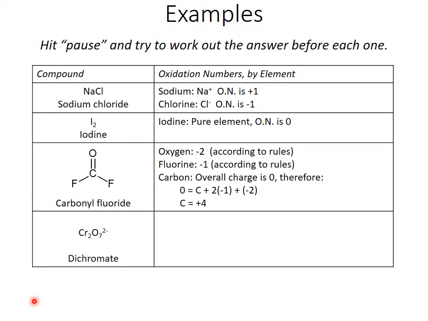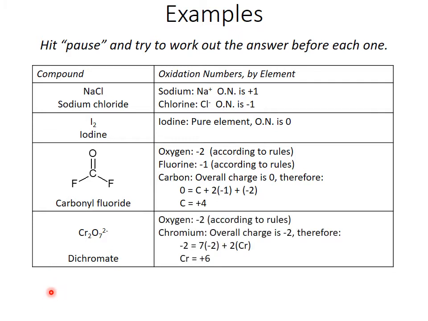Our last example is dichromate, Cr2O7 2-. This is a very common polyatomic ion and a potent carcinogen. Again, oxygen is one of our set elements, with a value of -2 according to our rules.